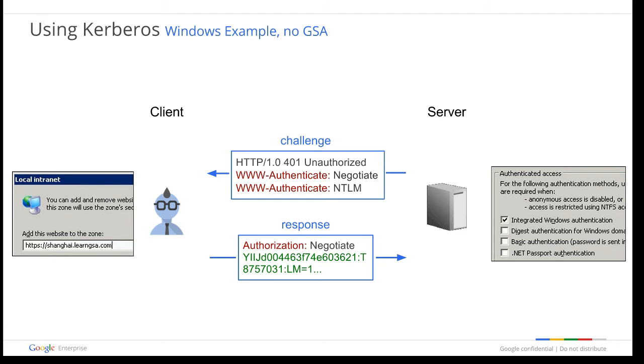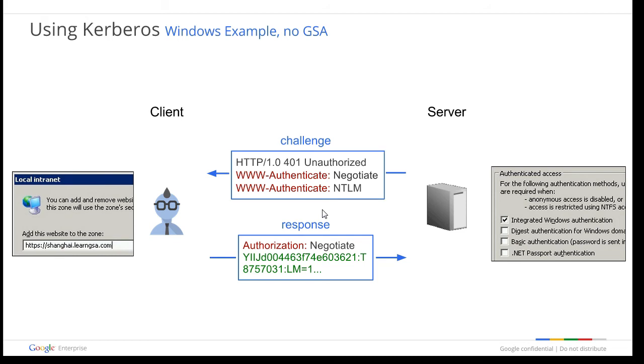One way to tell is by examining the HTTP requests and responses between the browser and the IIS web server. The initial request will typically have no authorization header. The web server will then return a 401 status code indicating the user is not authorized. That response should include two WWW-Authenticate response headers, Negotiate and NTLM.